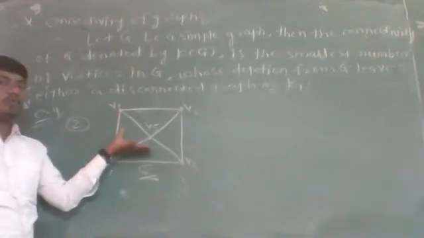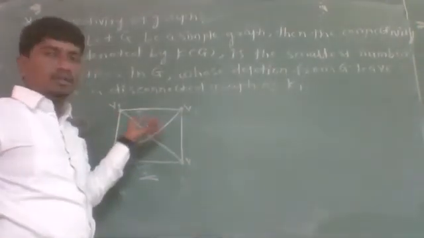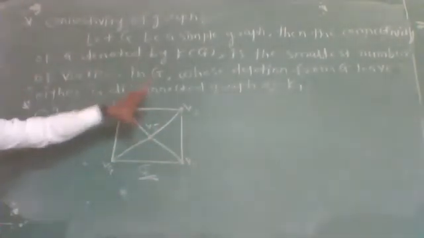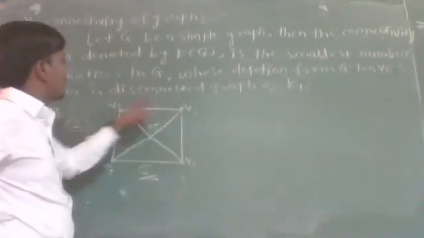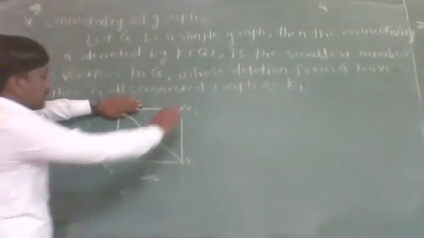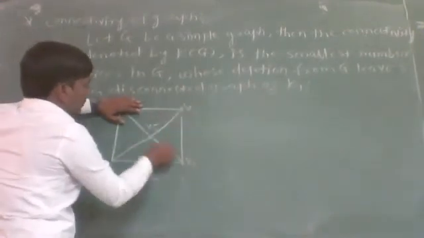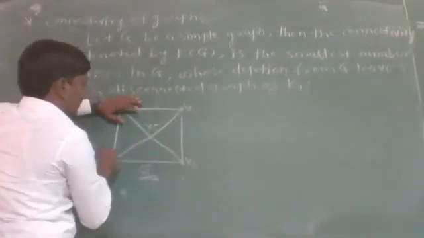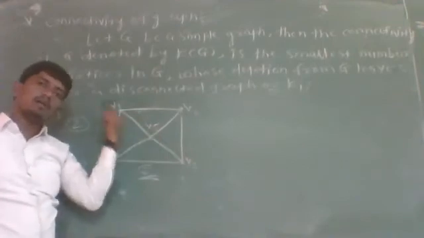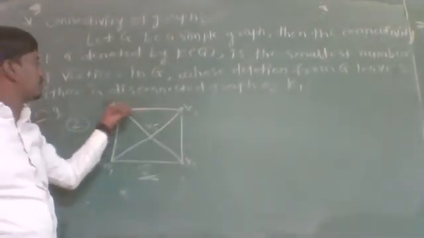So here we have to remove more than one vertex from graph G for it to become disconnected. If we remove two vertices V1 and V2, then there is still a connection between vertex V2 and V3, V5 and V4. Then also the graph remains connected even if we remove two vertices.